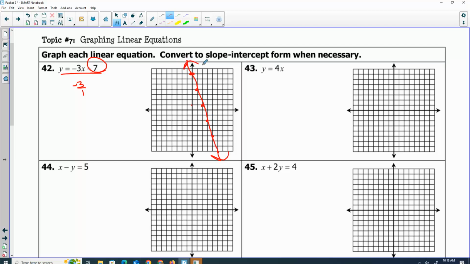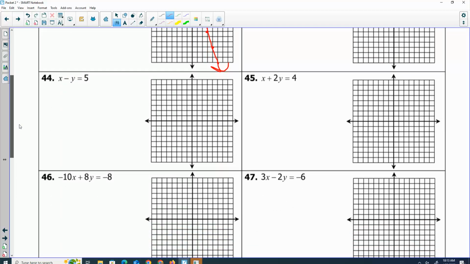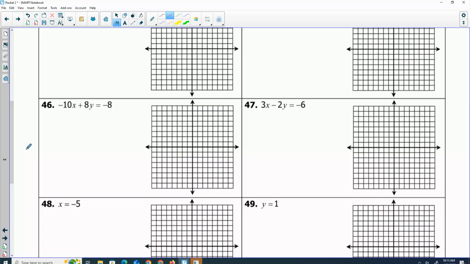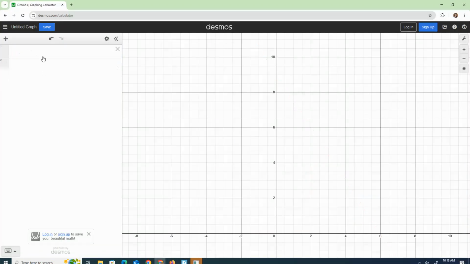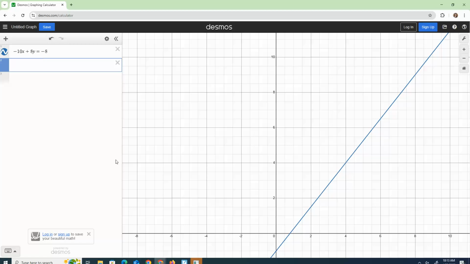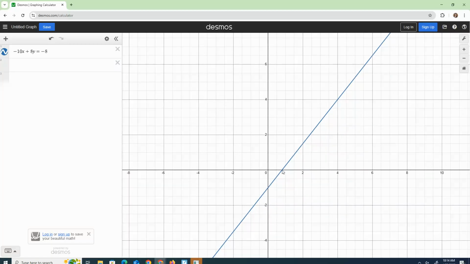What other option could you use if you forgot how to graph them? Desmos. Type 46 into Desmos. See if you can get that line. So if I type in negative 10x plus 8y equals negative 8, it gives me that graph.